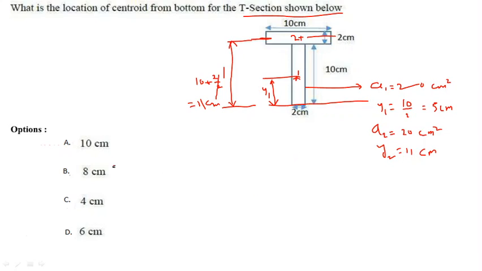Now just apply the formula for calculating the centroid of the total T section, that is y bar equal to A1 y1 plus A2 y2 by A1 plus A2.